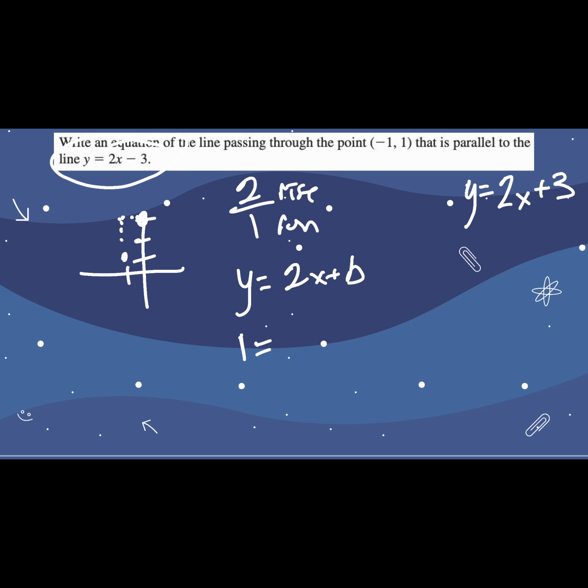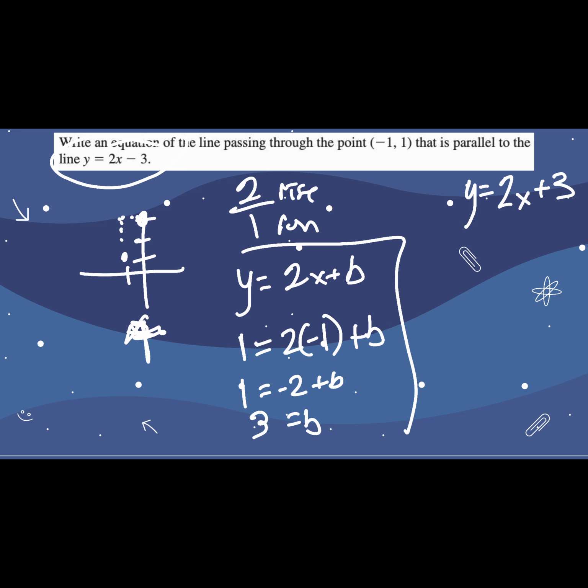So y equals 1 plus b, and we could solve for our y-intercept. We would find it either way, that our y-intercept is 3. So whatever way you feel more comfortable with, counting on the graph or plugging it in. So that would be writing a parallel line.